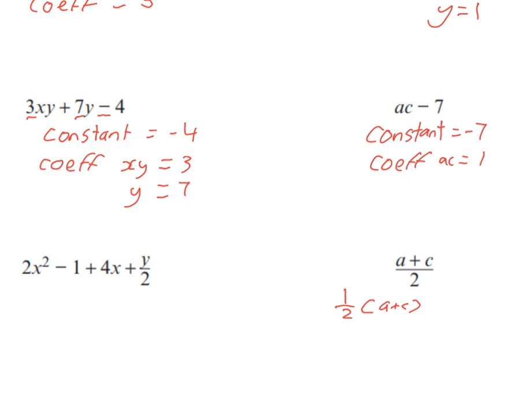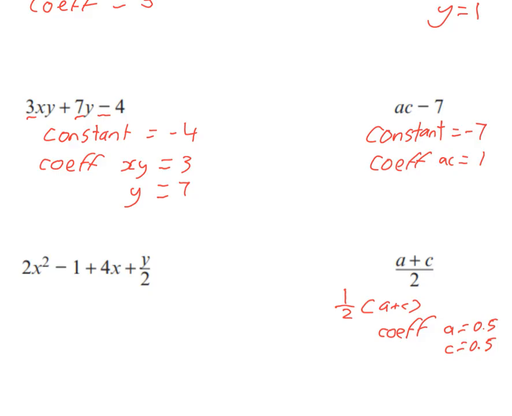So that means that the coefficient for a would actually be 0.5, or a half, whichever you'd prefer, and that would be the same for c. Because 0.5 is what you get when you do 1 divided by 2. So that's the coefficients for those ones. It's a bit of a trickier question.